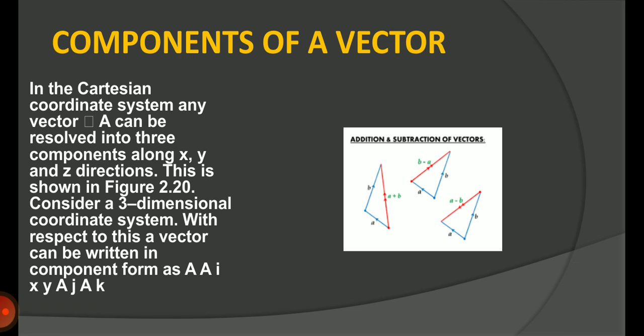Components of a vector. In a Cartesian coordinate system, any vector A can be resolved into three components along x, y and z directions. This is shown in figure 2.20. Consider the three-dimensional coordinate system; the vector can be written as A equals Ax i plus Ay j plus Az k.